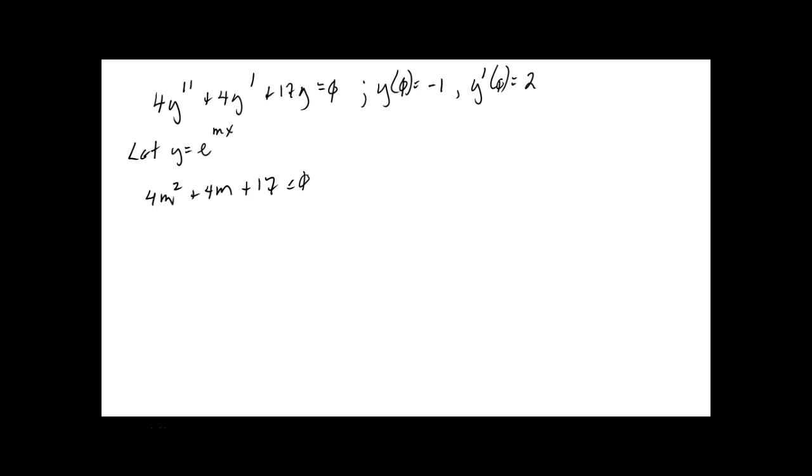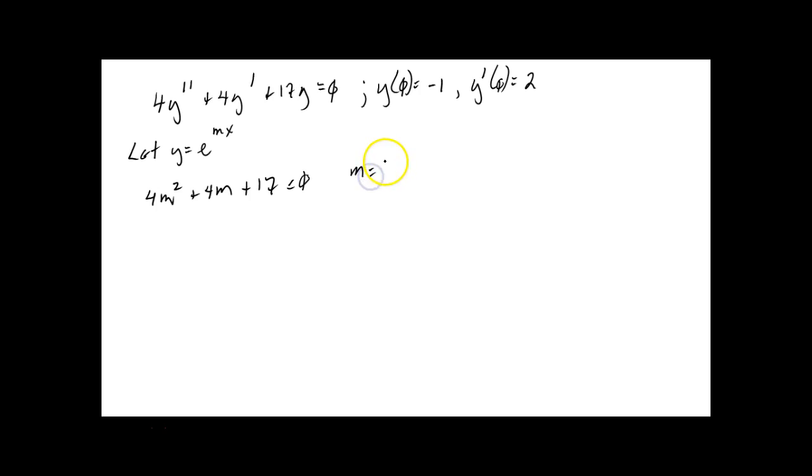Any hope of factoring that one? I would say not. The only possible factorization for 17 is 1 and 17. No way you're going to get a 4 out of that, I don't think. So you do have a leading coefficient, but it's not going to be enough. So what would we do then?